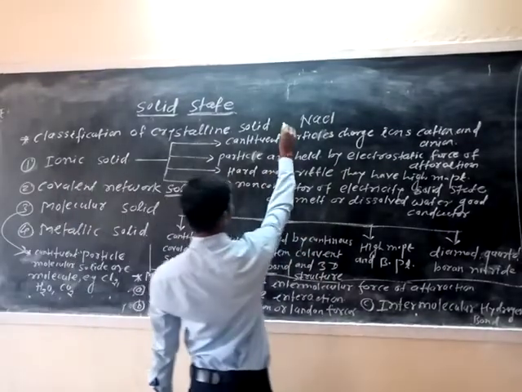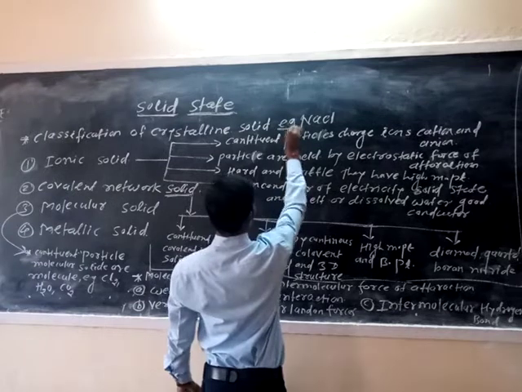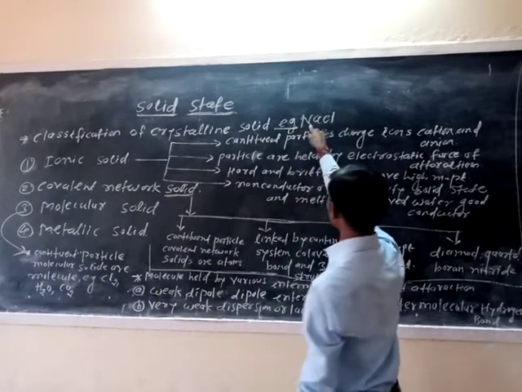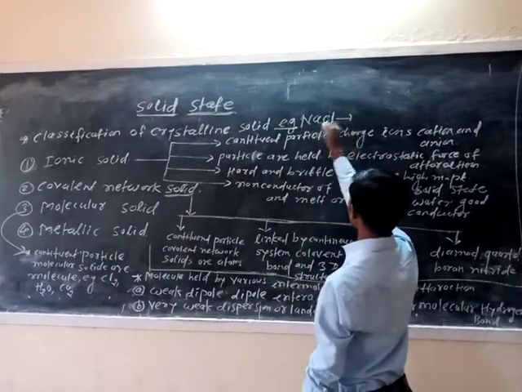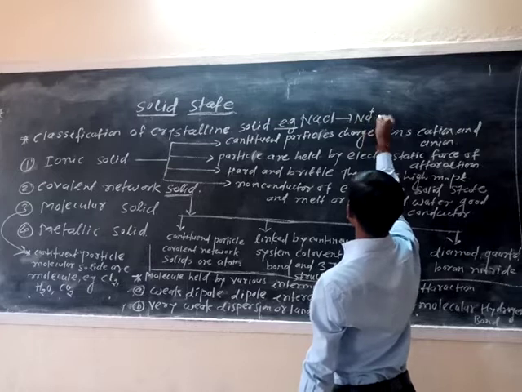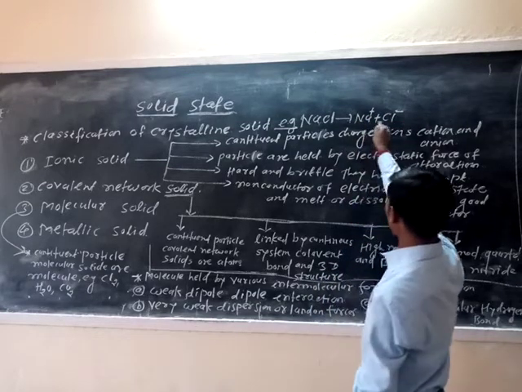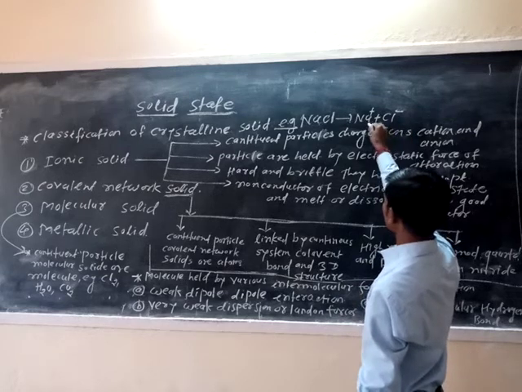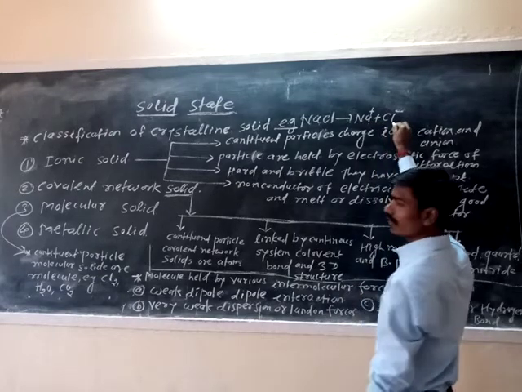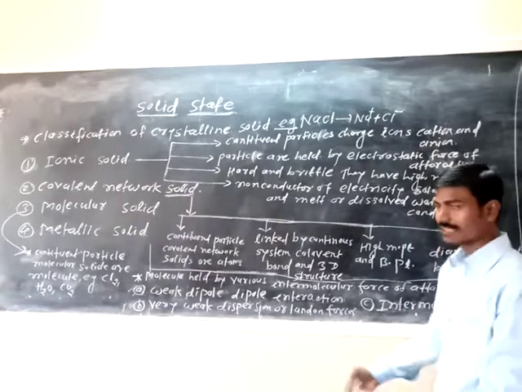In this example, NaCl dissociates to give Na positive plus Cl negative ions. Na positive is the cation and Cl negative is the anion.